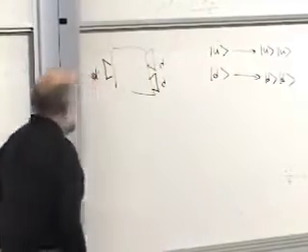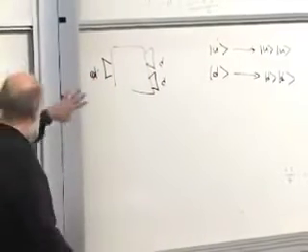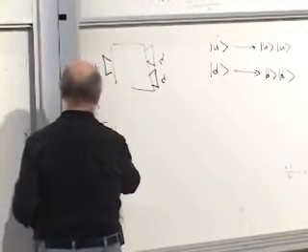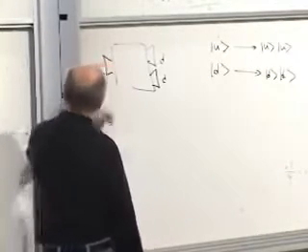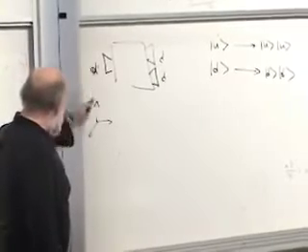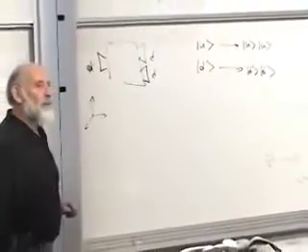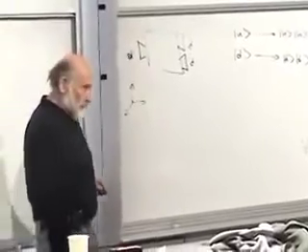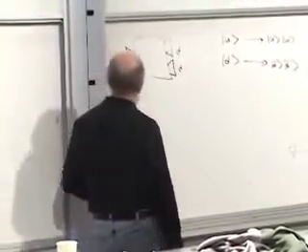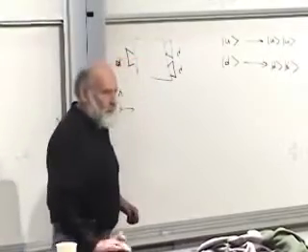Now supposing I put an electron in which happens not to be oriented along the third axis, but is oriented along the first axis, the x1 axis. So instead of down, let's call it left, or right.